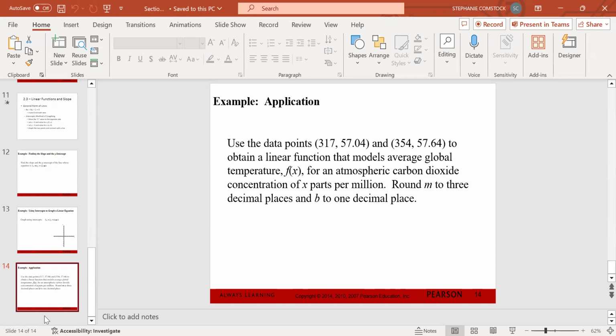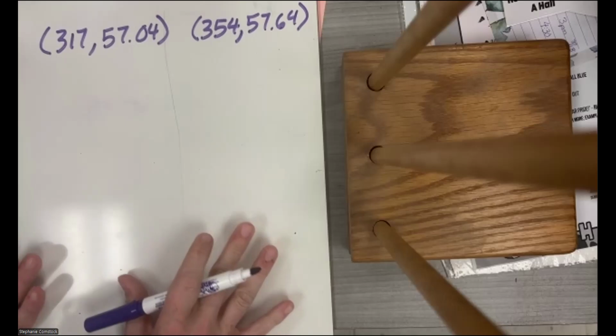Round m to 3 decimal places, and they want b to 1 decimal place. So this is going to utilize a couple of things that we've done in the prior videos to pull this all together. So here are my ordered pairs.